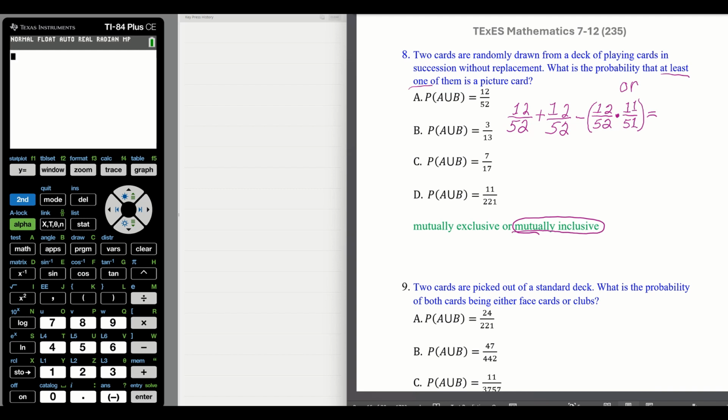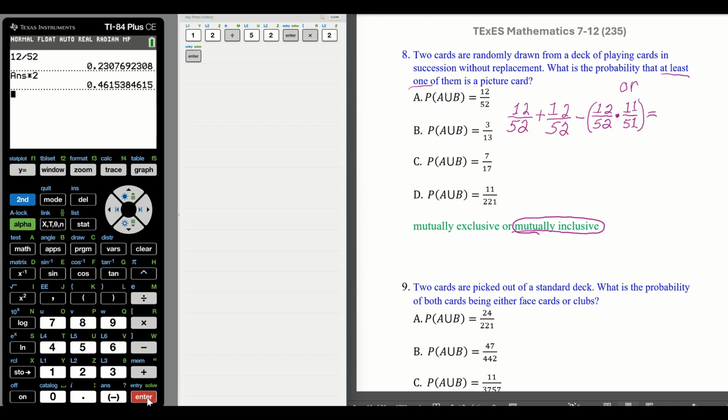We will take 12 divided by 52. Now I'm going to push enter and say times 2. That way I don't have to worry about my order of operations.